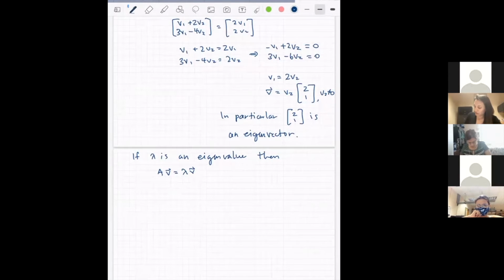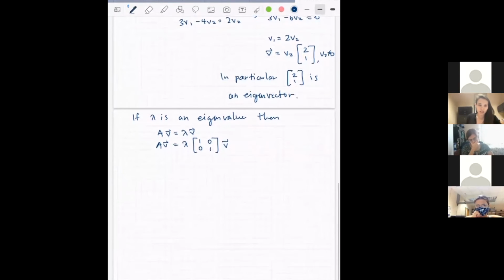And we can rewrite lambda times V as lambda times the matrix 1, 0, 0, 1 times V, right? We just insert the identity matrix in there, which doesn't change anything. And then we can move it to the other side and we get the 0 vector on the right-hand side now.